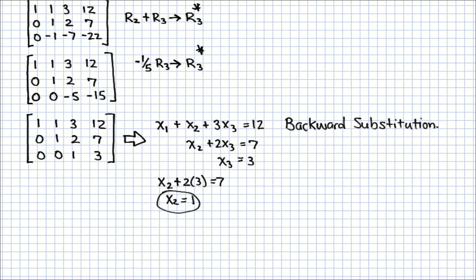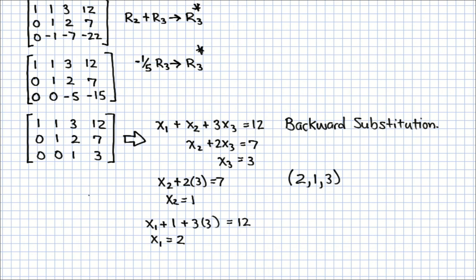Now we know the value of x2 and x3, so we backward substitute that into the first equation. x1 plus 1 plus 3 times 3 equals 12, and this means that x1 equals 2. And now we have the solution to the system. It's the ordered triple 2, 1, 3.